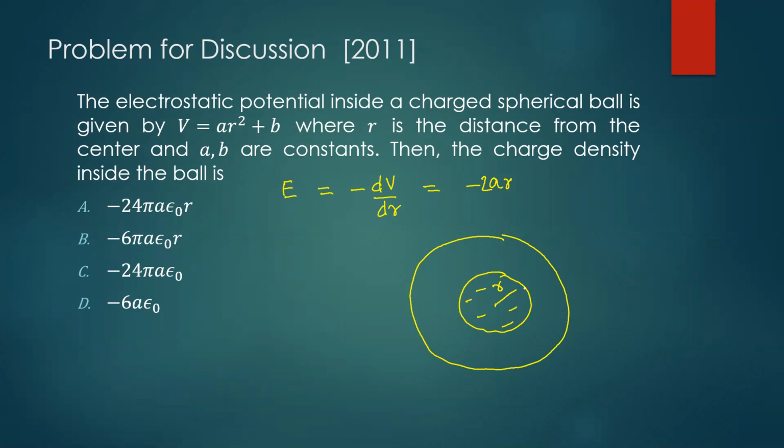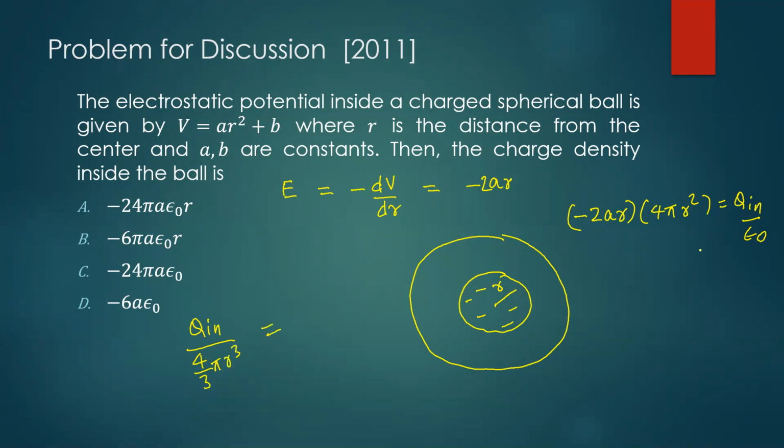Now, because we have the electric field, we can use Gauss law. The electric field minus 2ar into the surface area 4 pi r square should give me the total charge inside by epsilon naught. If I want the charge density, charge density is Q in by 4 by 3 pi r cube.